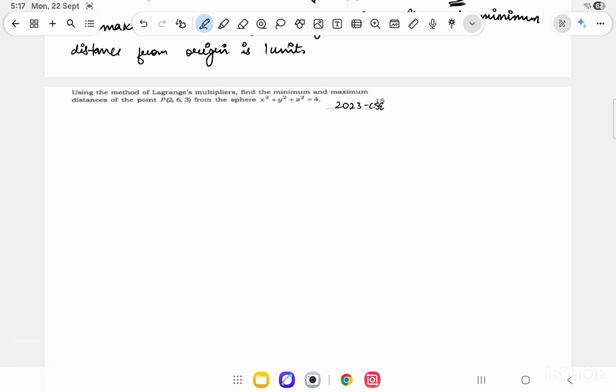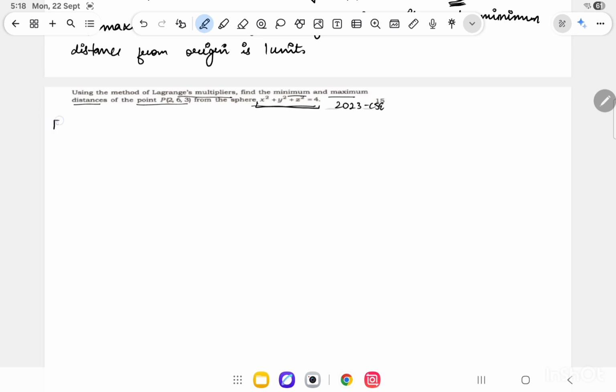So the next question says that using the Lagrange multipliers method, find the minimum and maximum distances of this point from the given sphere. So what we'll do is assume that the maximum and minimum distances are attained at point x comma y comma z, and then we'll use the distance formula and this as basically the given condition.